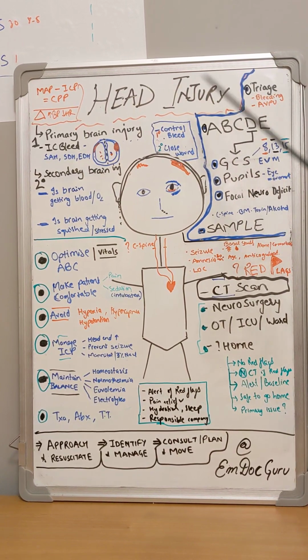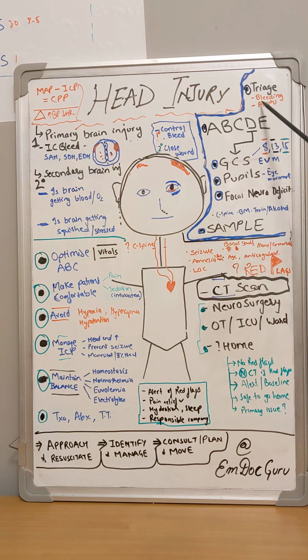Now, suppose a patient who has just been brought in or has come in is presenting with head injury. Your first bit is your triaging, and the key thing is any person who has suffered a head injury is bleeding on arrival, or you check their sensorium on the AVPU scale, which says if they're alert, responding to voice, responding to pressure or painful stimuli, or unresponsive.